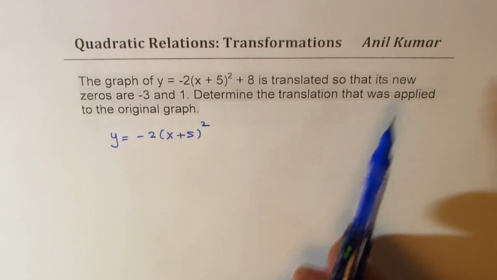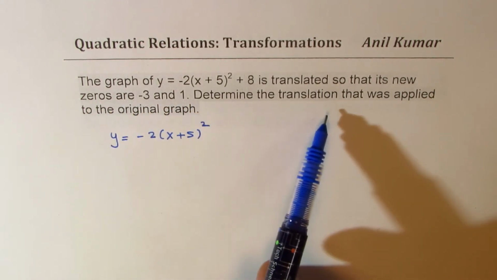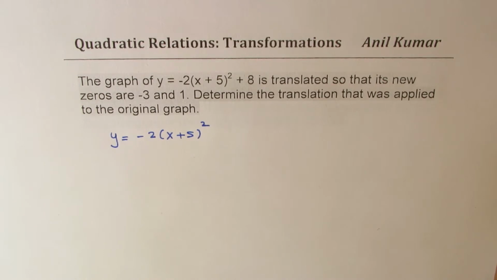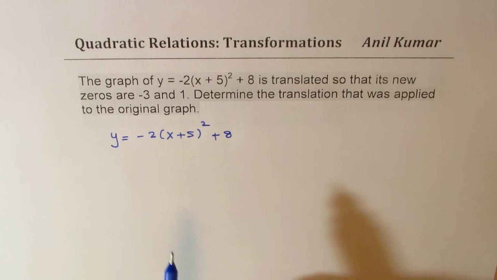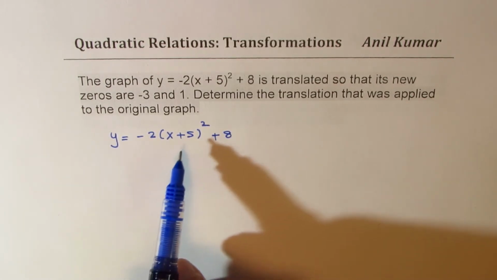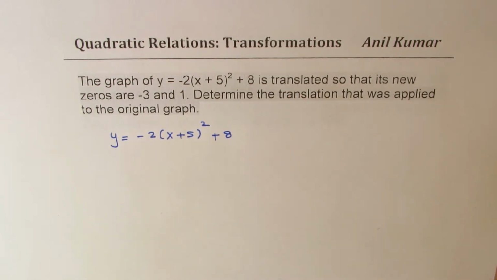After translation, the zeros are at minus 3 and 1, and we need to find the translation, right? So we are given this equation, and after it is translated, the zeros are at minus 3 and 1.